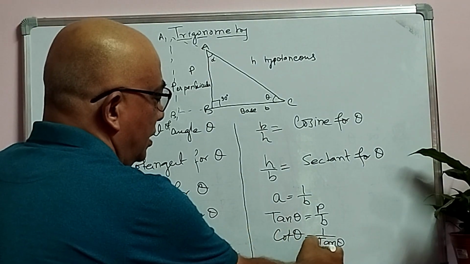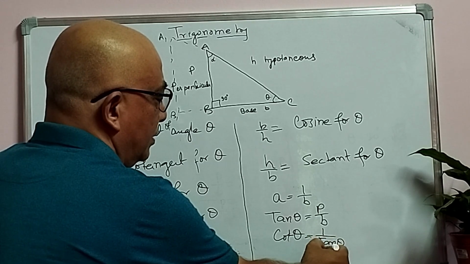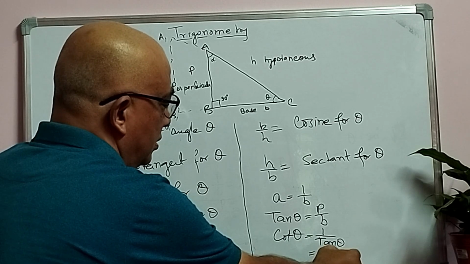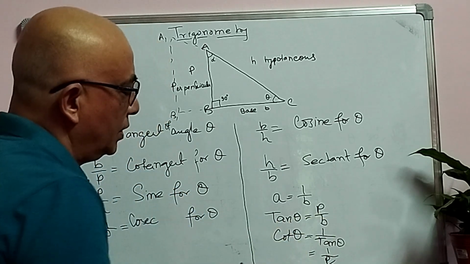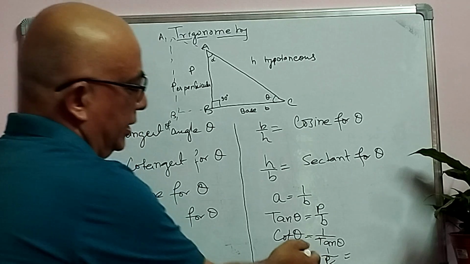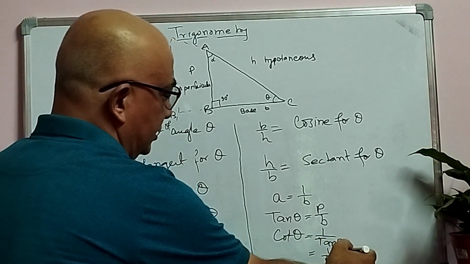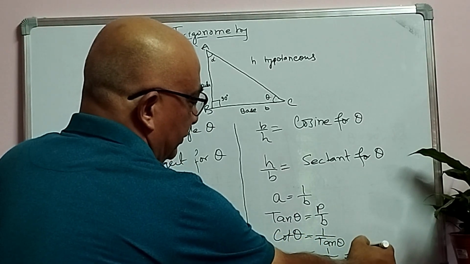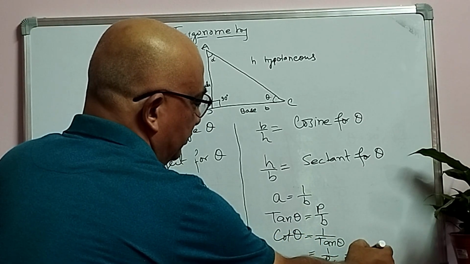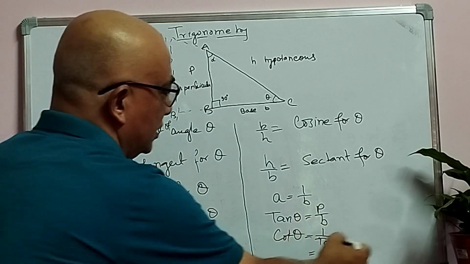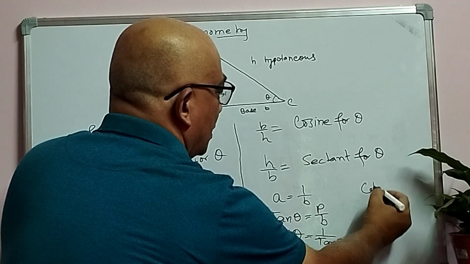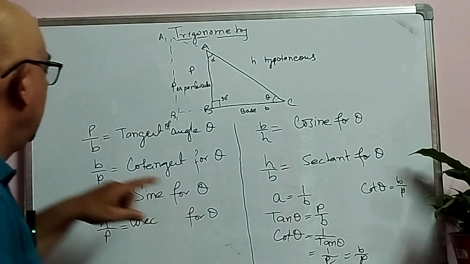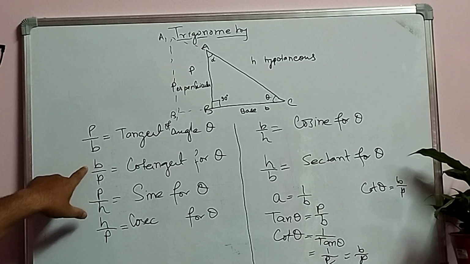It means cot theta equals 1 by tan theta, and we know tan theta is P by B. When it is inverted, the reciprocal expression becomes B by P. That's why cot theta equals B by P, which is cotangent.